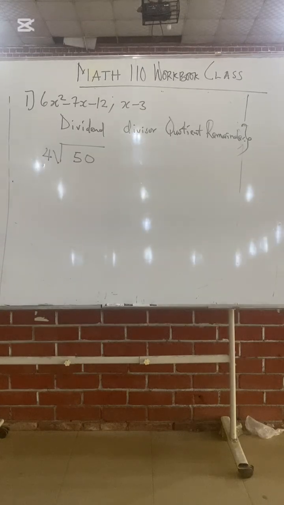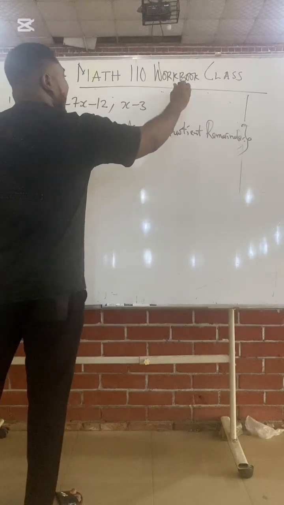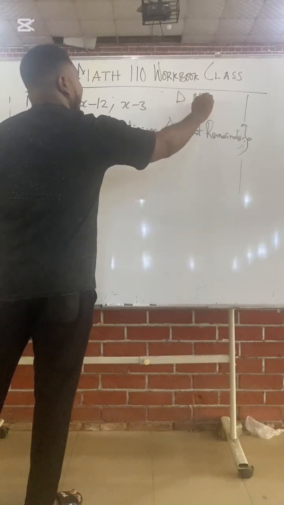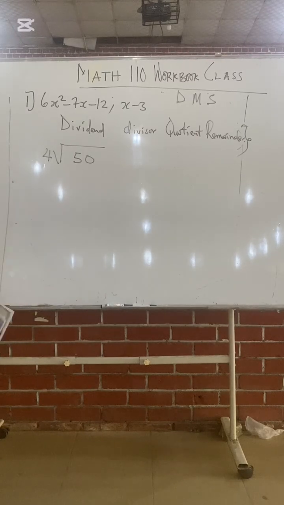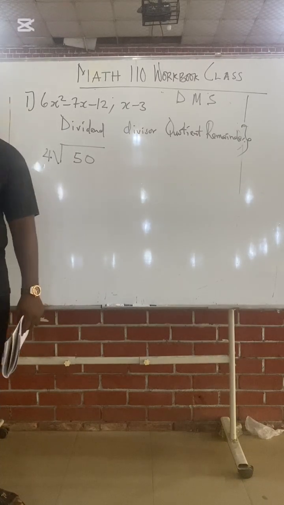Class, there are 3 steps in long division, whether polynomial or otherwise. The 3 steps are DMS, where D stands for divide, M stands for multiply, S stands for subtract. Long division entails these 3 steps in repeated cycles.